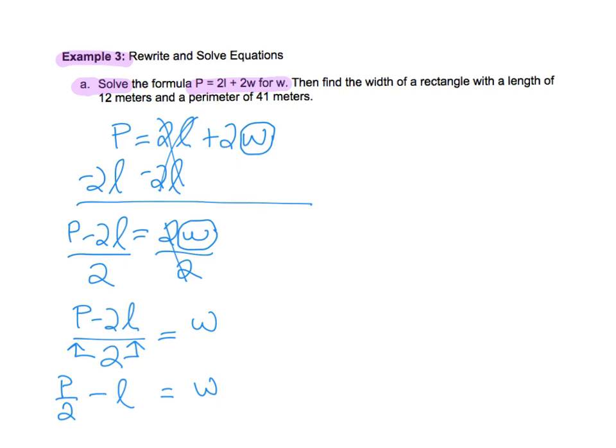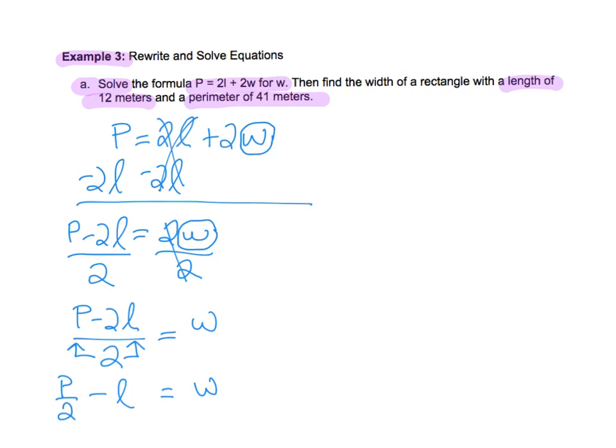So the second part of the problem that you're going to go ahead and jot down is I have to go ahead and find the width of a rectangle that has a length of 12 meters. So they're going to say the length is 12 meters and the perimeter is 41 meters. So that's what I'm going to go ahead and do right now.